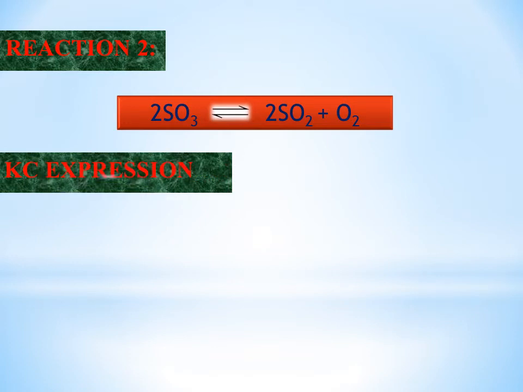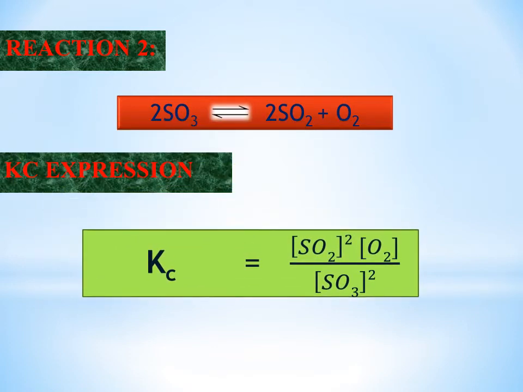So the Kc expression for this reaction will be concentration of sulfur dioxide as a whole squared, as this square shows 2 moles of sulfur dioxide, then concentration of oxygen, and here there is no coefficient because there is only 1 mole and we will not mention 1. And in the subscript, concentration of sulfur trioxide as a whole squared, because here are 2 moles of sulfur trioxide.